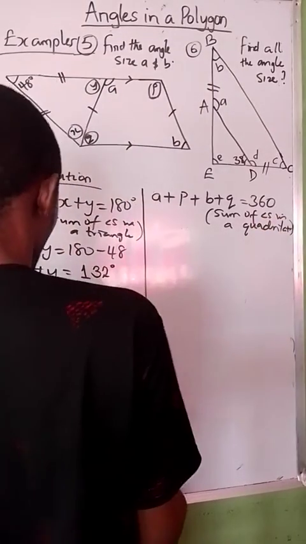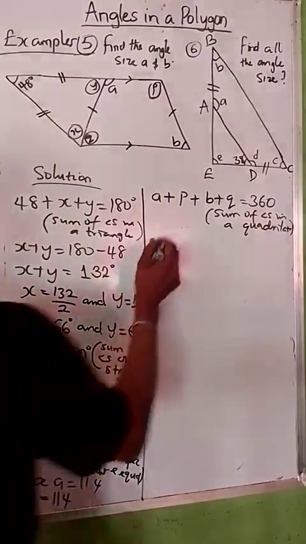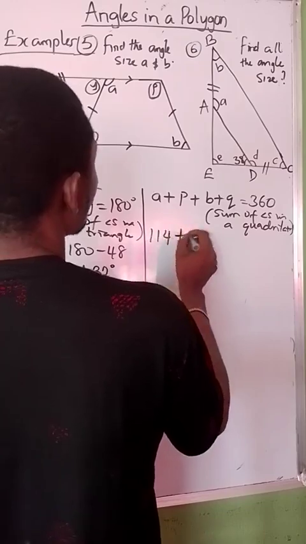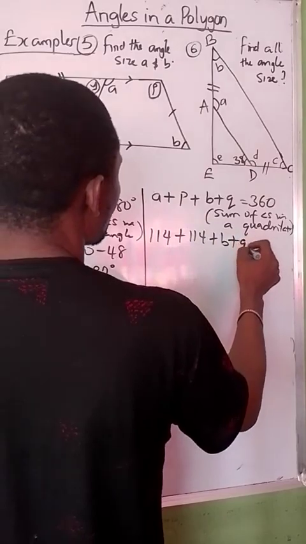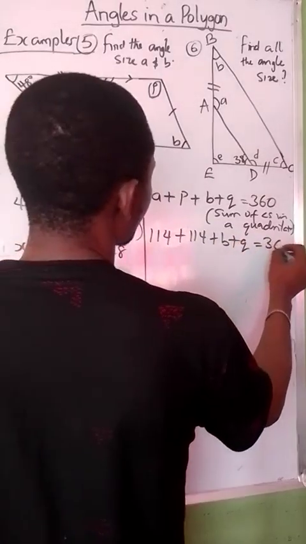So A is 114, plus P, opposite, 114, plus B plus Q equals 360.